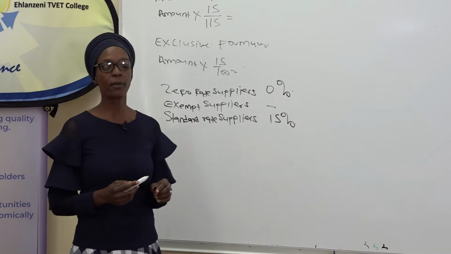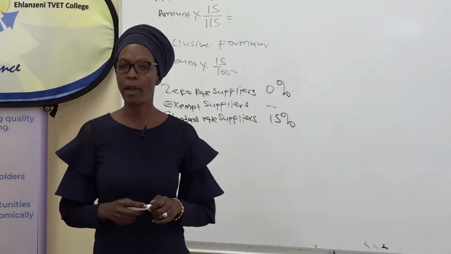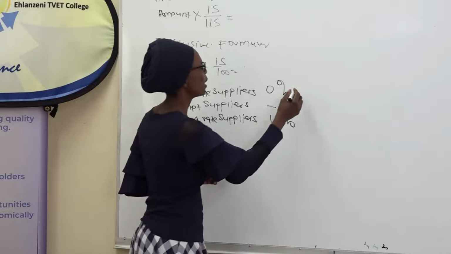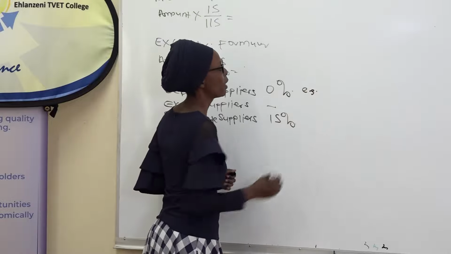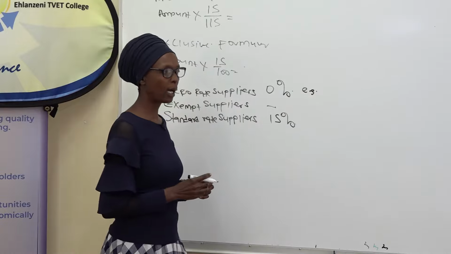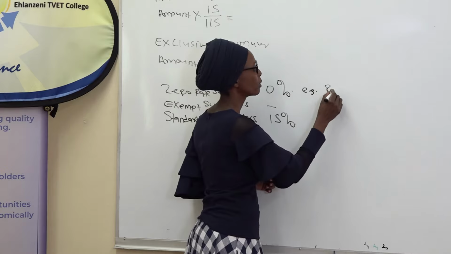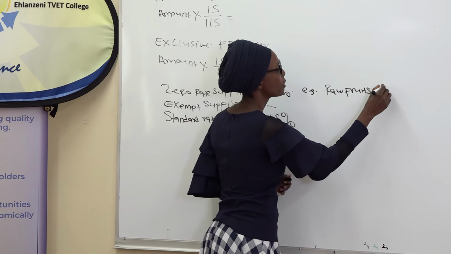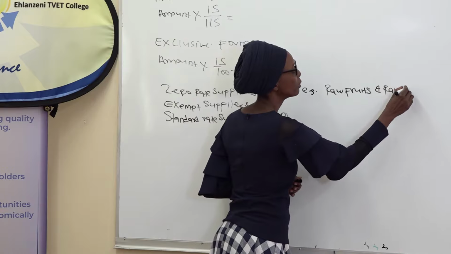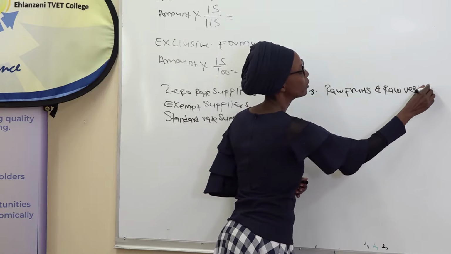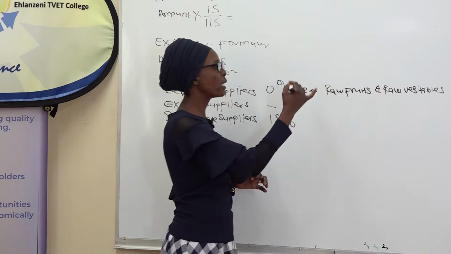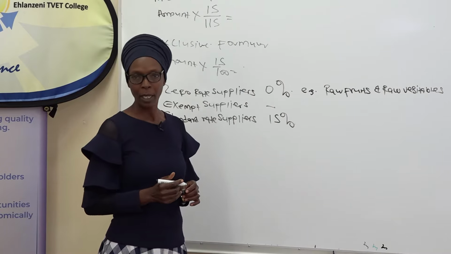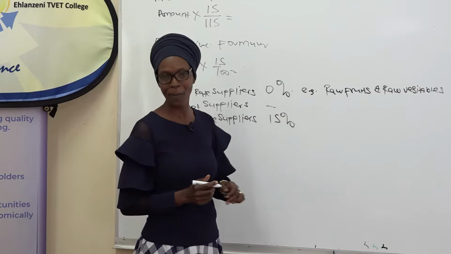Then, let me give you examples of the zero rate suppliers. Firstly, the examples of the zero rate suppliers are raw fruits and raw vegetables. The raw fruits and raw vegetables fall under zero rate suppliers. The VAT is there, but it's 0%.